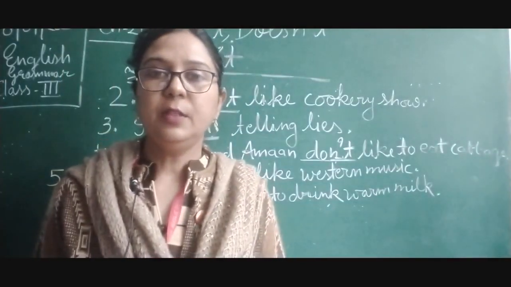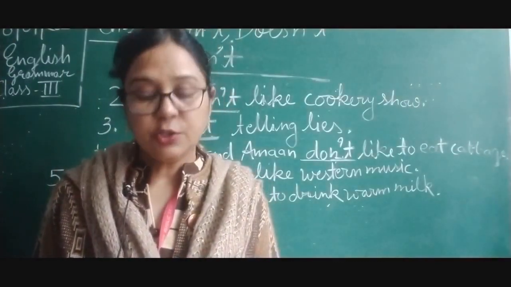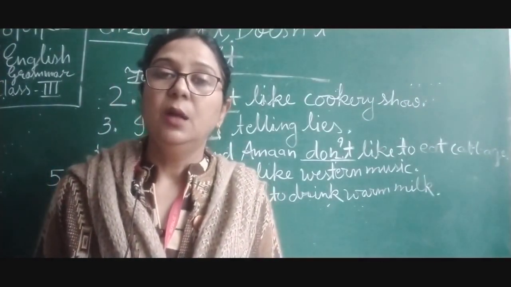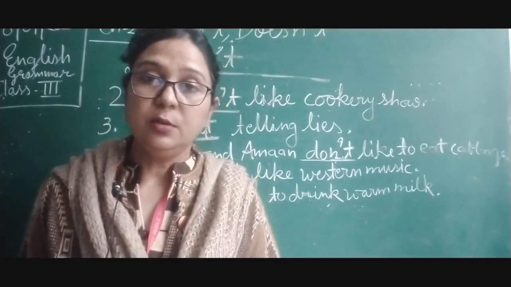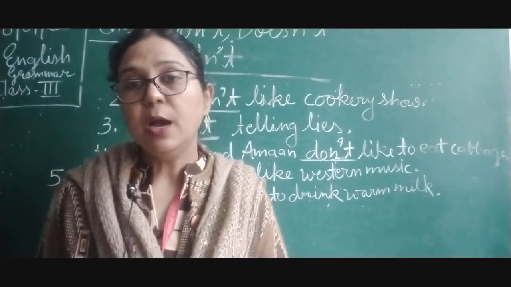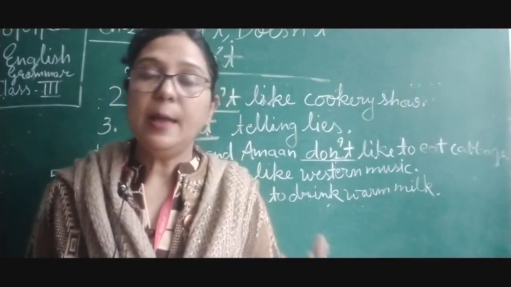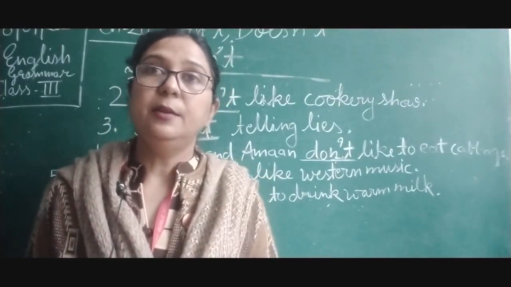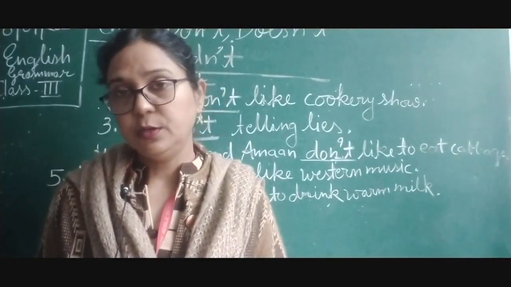So children, after that your next chapter is interjections. Interjection, as you all know, is from these words, and with the interjection mark, or you can say exclamation mark, we can show our sudden feelings like sudden joy, sudden happiness, sudden grief and sudden astonishment.